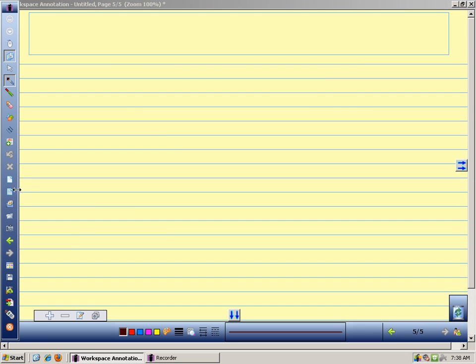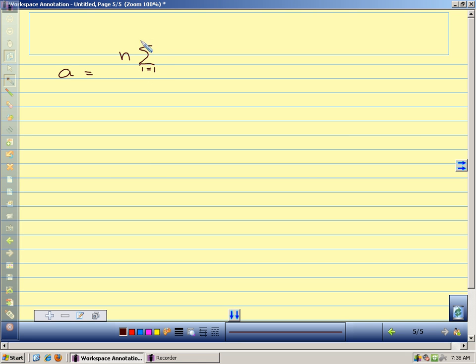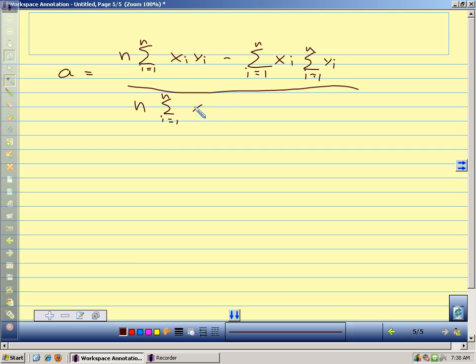When we go through this process, a is n times the sum from i equals 1 to n of x_i y_i, minus the sum i equals 1 to n of x_i, times the sum i equals 1 to n of y_i, all over n times the sum i equals 1 to n of x_i squared, minus the square of the sum of x_i.